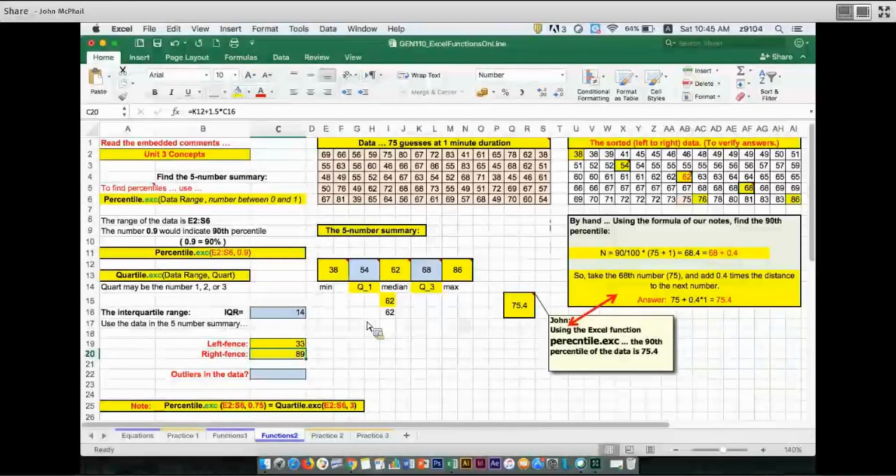All of our data is within the minimum and maximum, and so all of our data is within the fences, and therefore there are no outliers. And that brings us to the end of our Functions2 tab in our Excel worksheet.